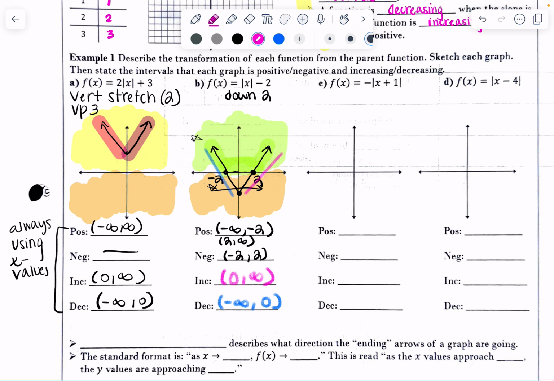So we should know from this function that we have a reflection.